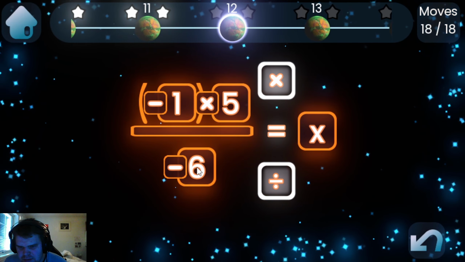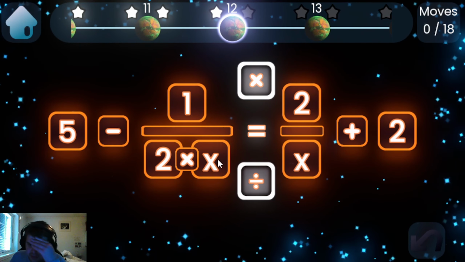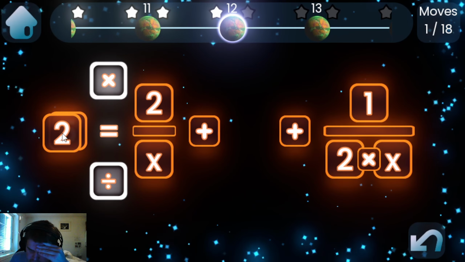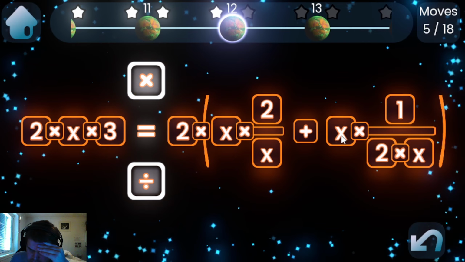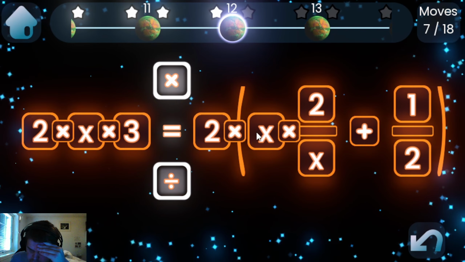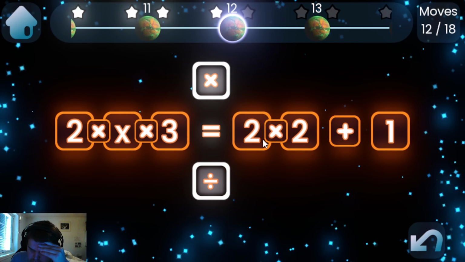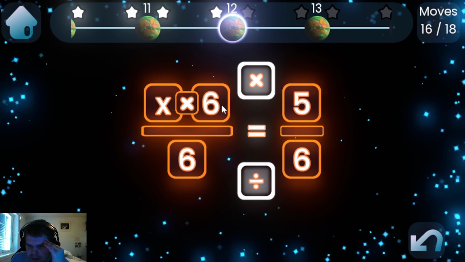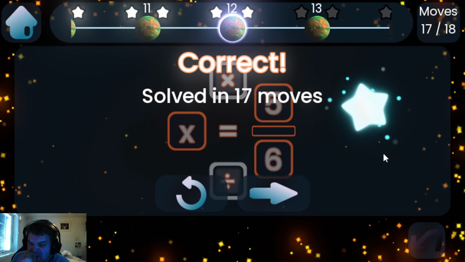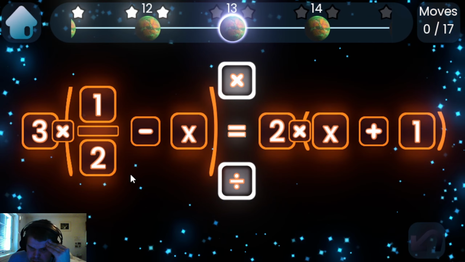I'm gonna exceed my move goal. I guess if we move this over here, so we don't have all the minuses, is that gonna help? Yeah, I think so. Now it's gonna help. There we go. I only got one move faster now. So it was just really important which side I started working on. You got to see the whole level twice though, so that's nice, I suppose.